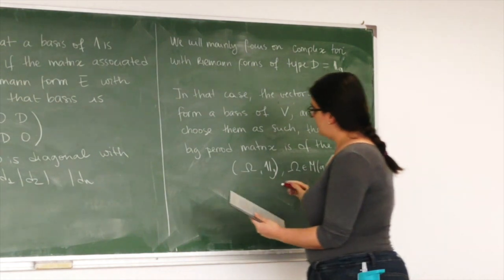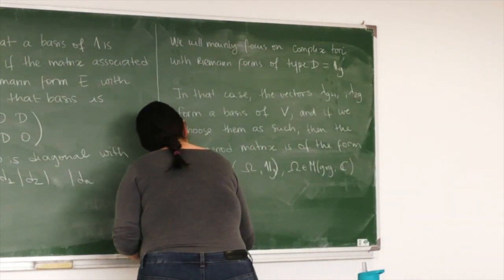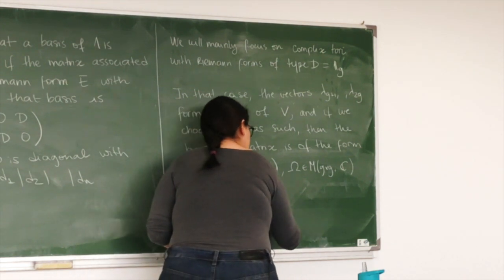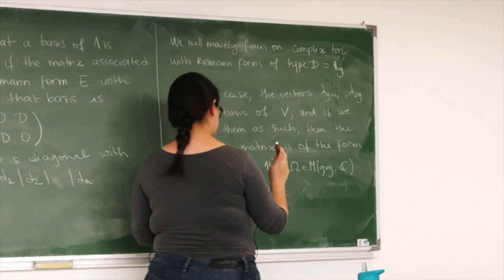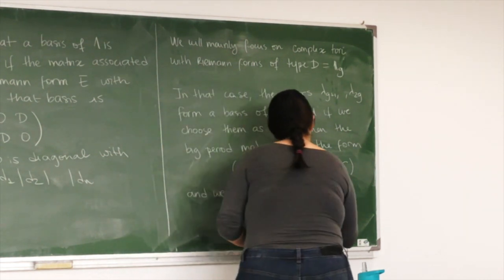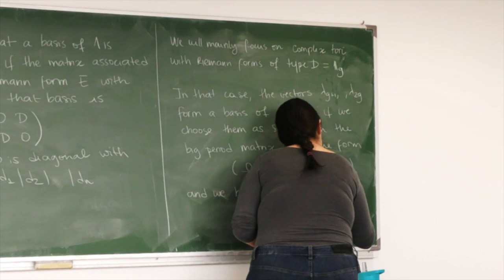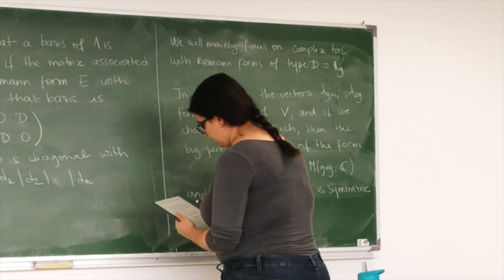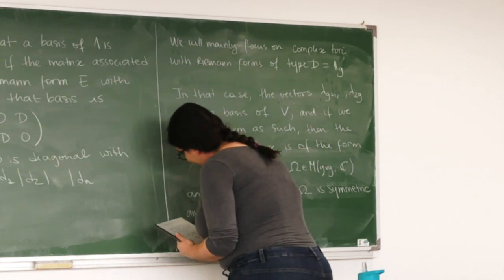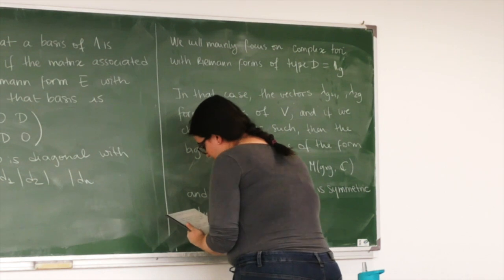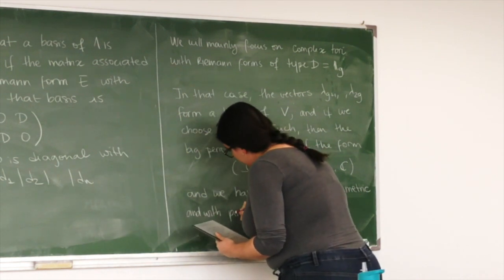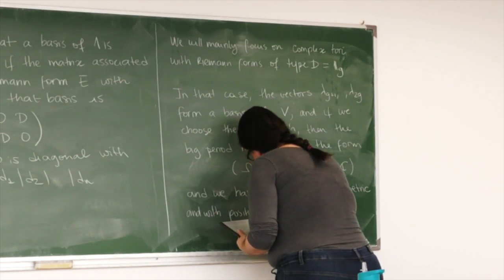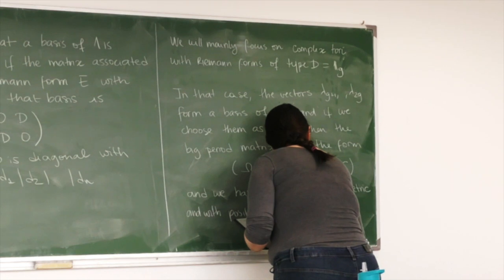and we have that omega is symmetric and with positive definite imaginary part.